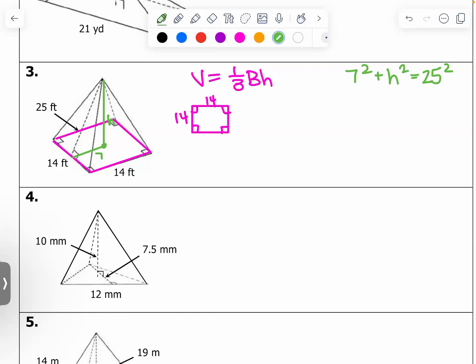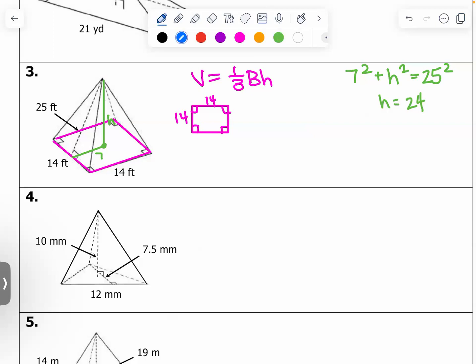Yep, because 7, 24, 25 is a Pythagorean triple, because 7 squared plus 24 squared is 25 squared. Just like 3, 4, 5 is a Pythagorean triple. 6, 8, 10 is a Pythagorean triple. 5, 12, 13.